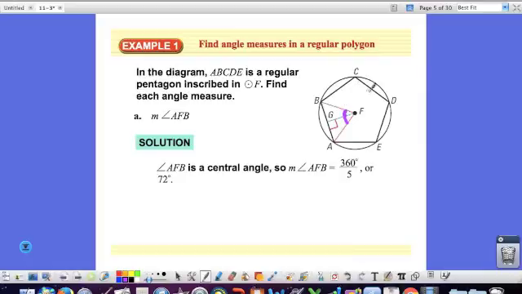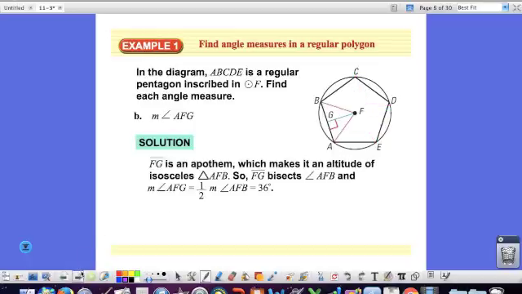In this case, this is a pentagon, so there are going to be a total of 5 congruent triangles. This is obviously a circle. 360 divided by 5 is 72. So each of these angles is 72 degrees.